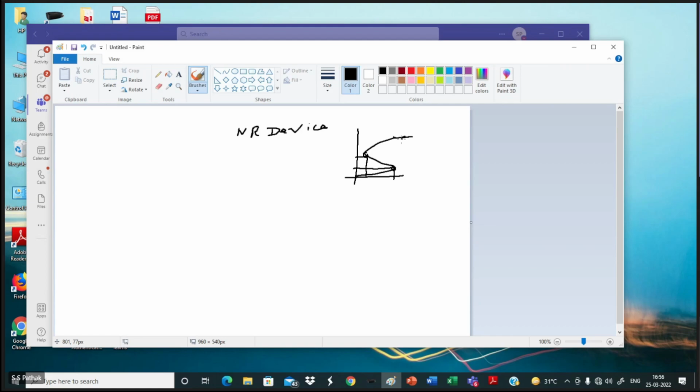So like this, there will be current here, there is a voltage here. So this kind of three coordinates are given. This is my I, this is my V. This is a negative resistance device. Now you will be asked to use the negative resistance device. This is my NR device here. Okay, this is my NR. Now instead of applying the voltage here, I am applying a voltage here.